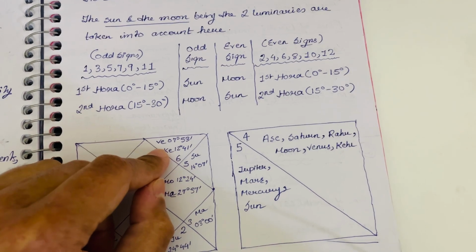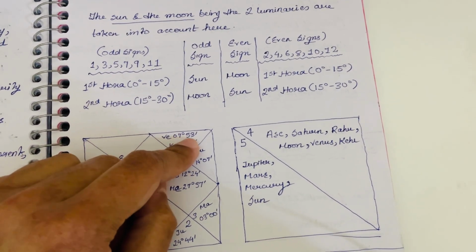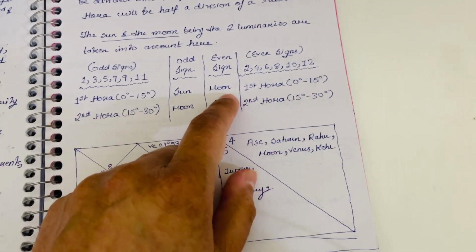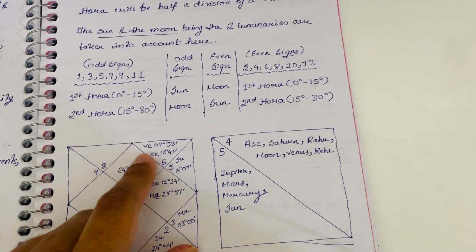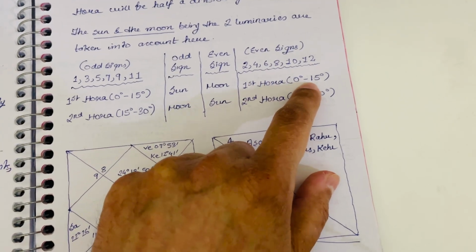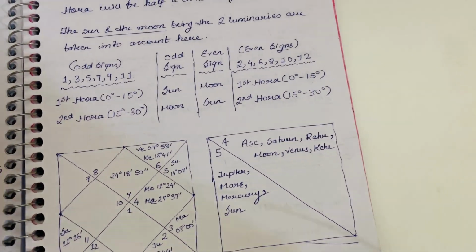Then we have Venus in the sign of Virgo. Venus is 07 degree 53 minutes in an even sign which is falling in the first Hora ruled by Moon. So Venus is coming under Moon. Ketu is 12 degree 41 minutes. It is also falling in the first Hora in the even sign ruled by Moon. So Ketu also comes over here.